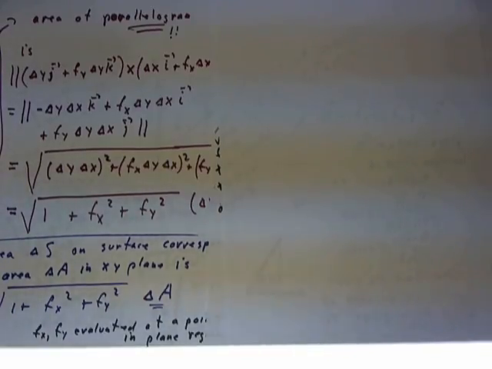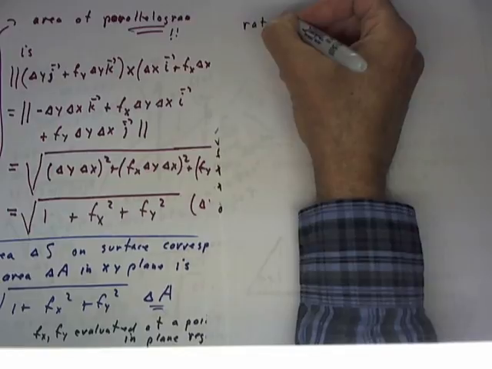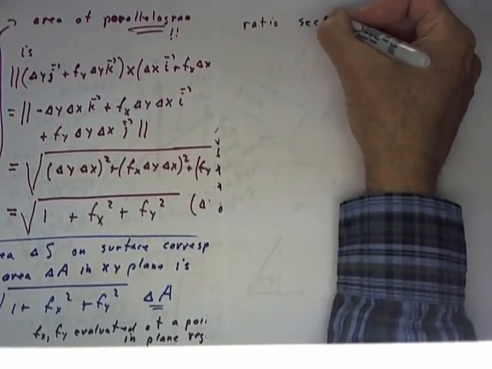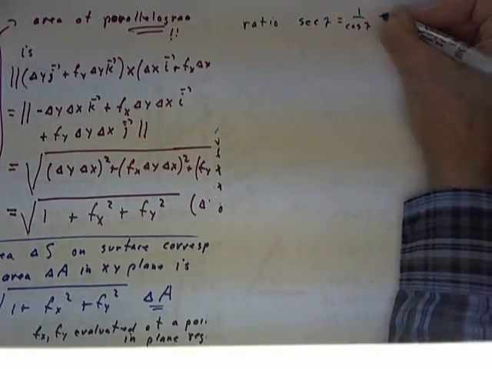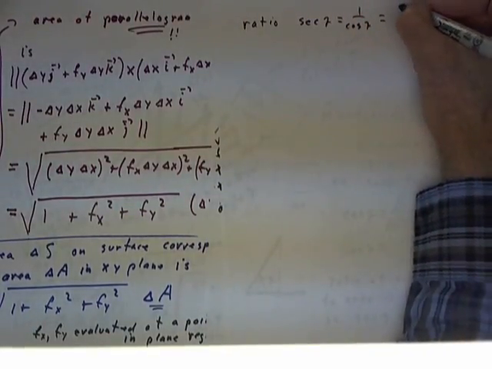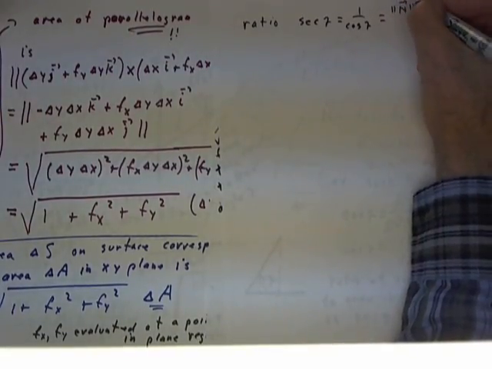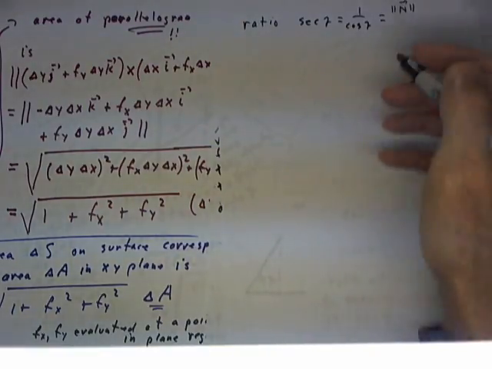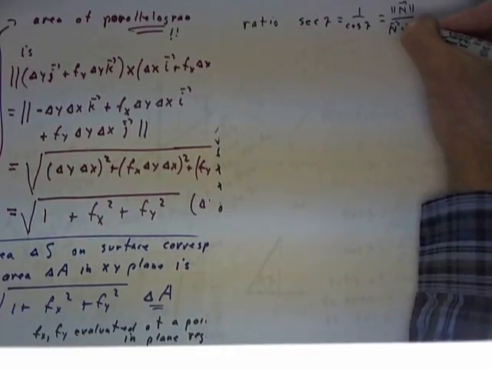So we want to reconcile the idea that the ratio is secant of gamma, equal to 1 over cosine of gamma, equals the magnitude of n over n dot k.